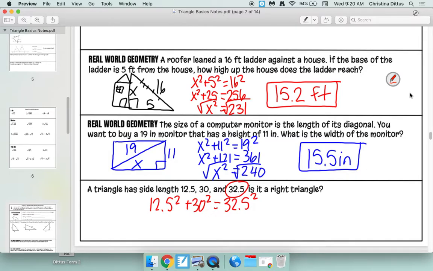Punch this in your calculator, 12.5 squared plus 30 squared. I got 32.5 squared. What do you get?